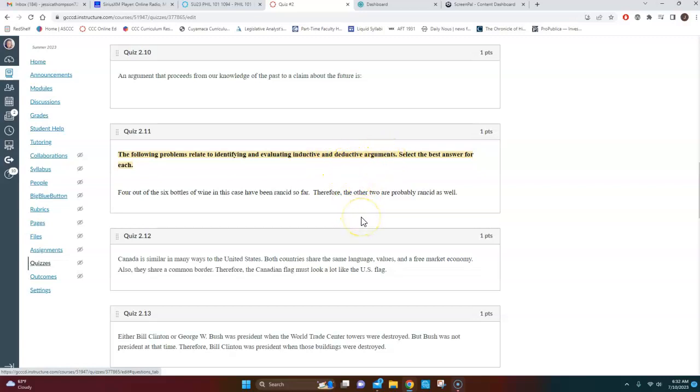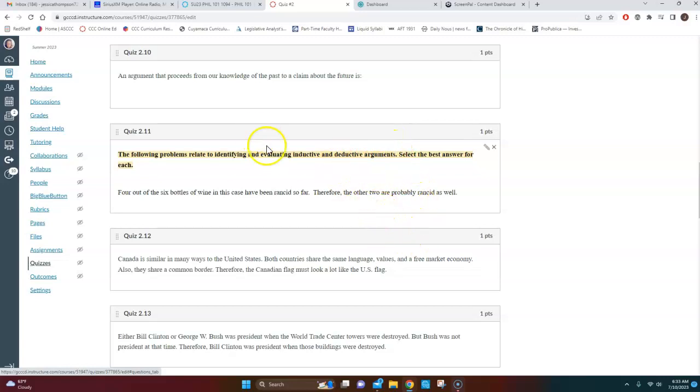If you remember, the logic of an inductive argument is evaluated for strength or weakness. The logic of a deductive argument is evaluated for validity or invalidity. So we're not going to be talking about actual truth here. We're not talking about cogency with inductive or soundness with deductive.